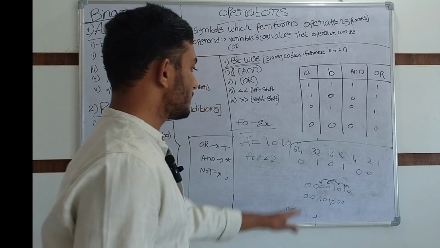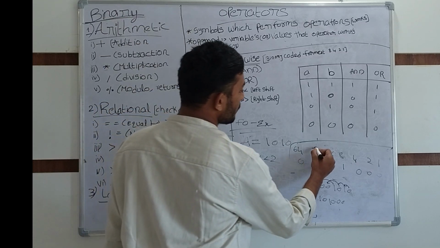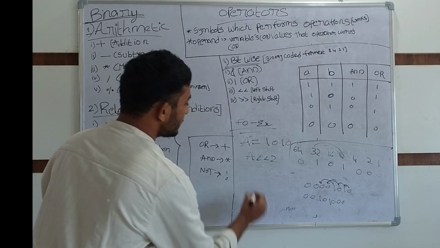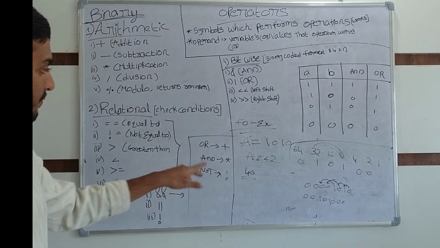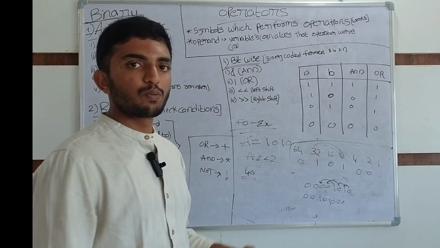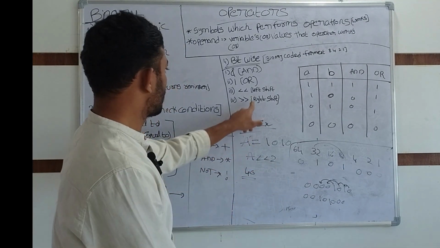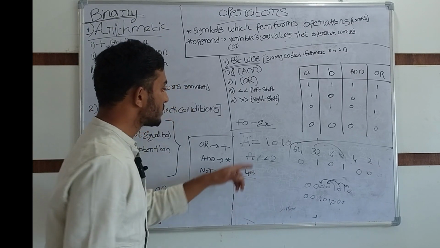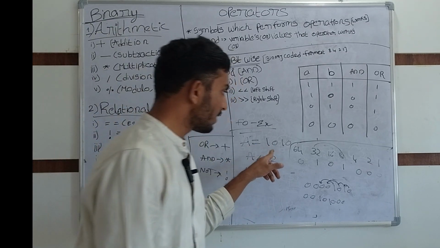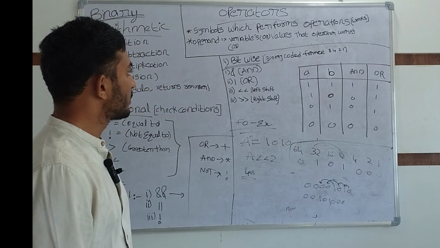That means what is the result then? 32 plus 8. What is the value of 32 plus 8? 40. The result is 40. By shifting the binary code to the left side by two, we get the result 40 for the binary value 1 0 1 0. Do you understand this?